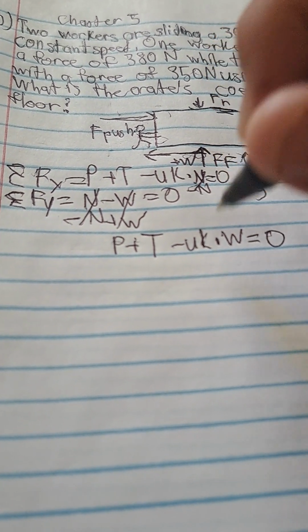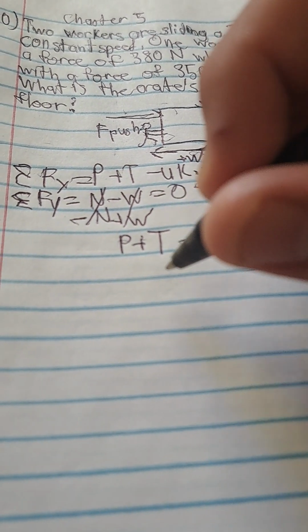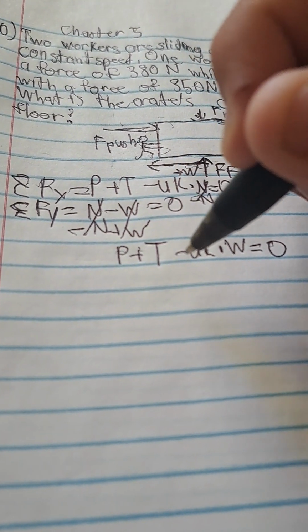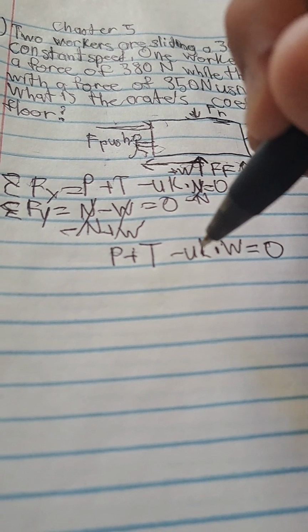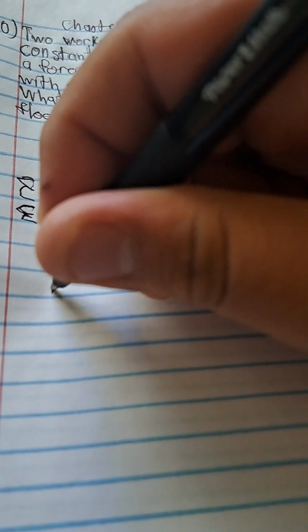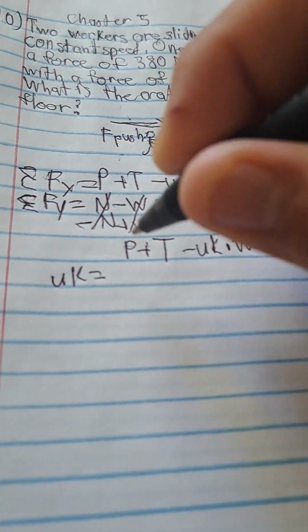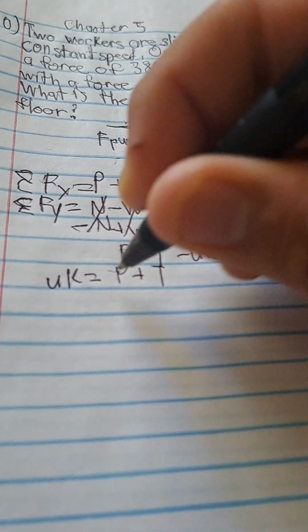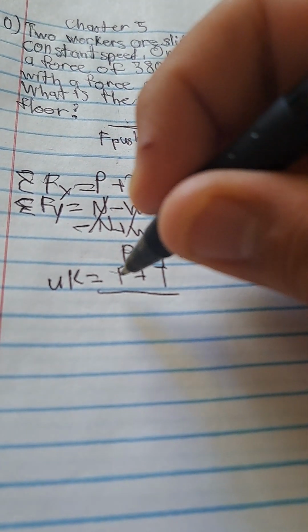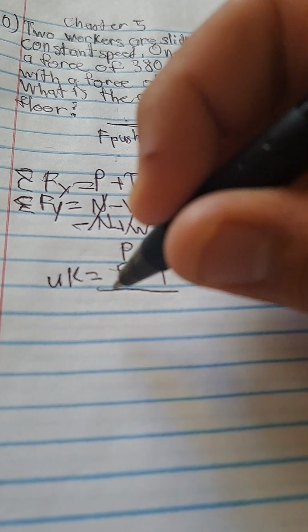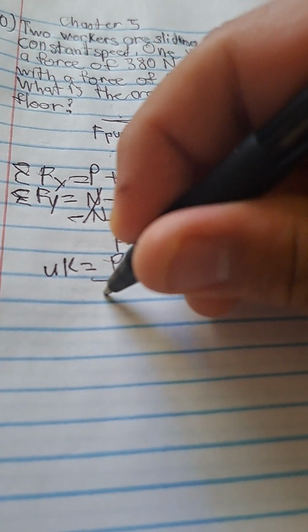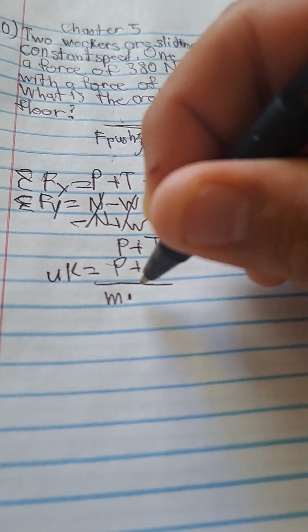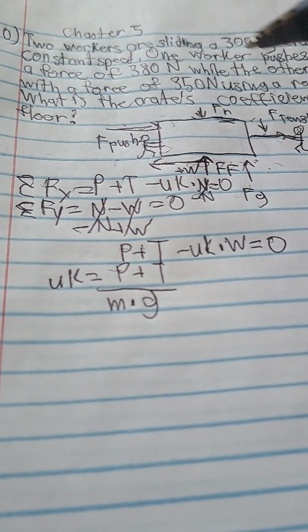The coefficient is the kinetic friction, so solving for it with more algebra, the coefficient of kinetic friction equals the push plus tension divided by the mass of our box times gravity.